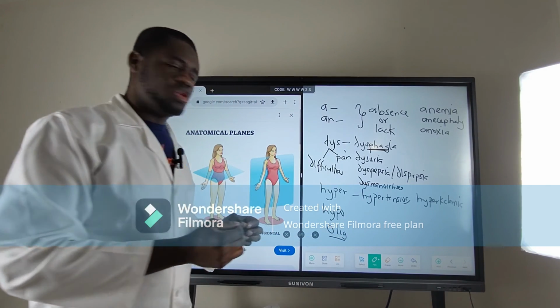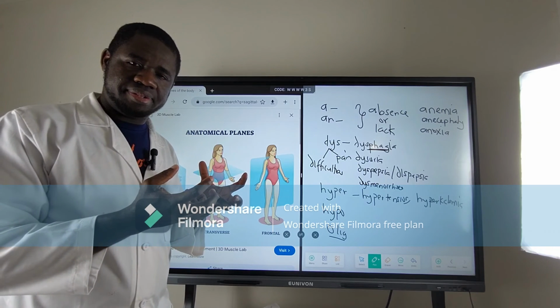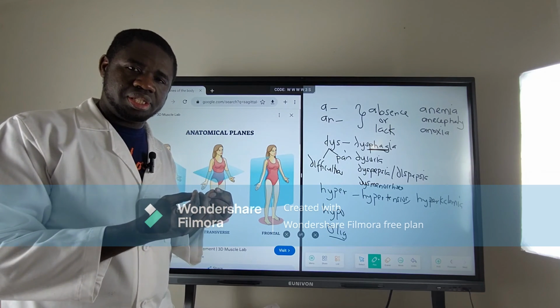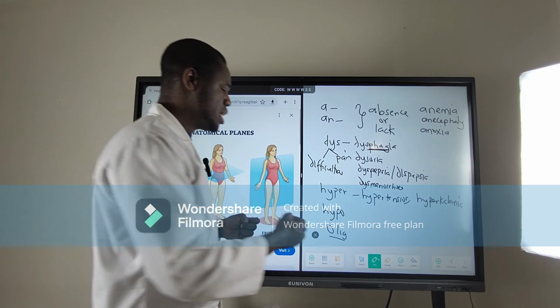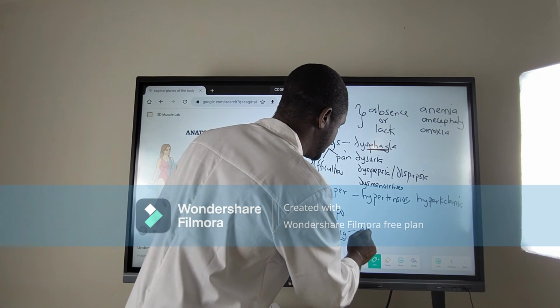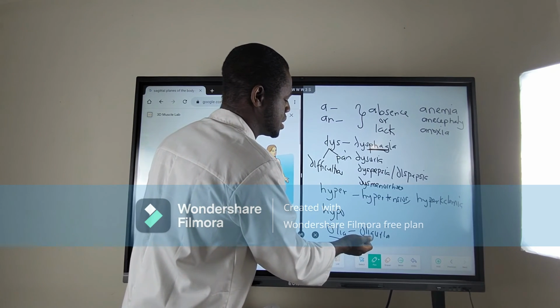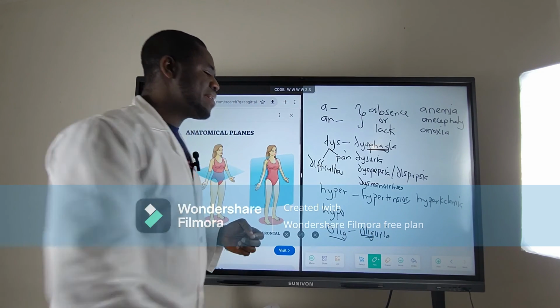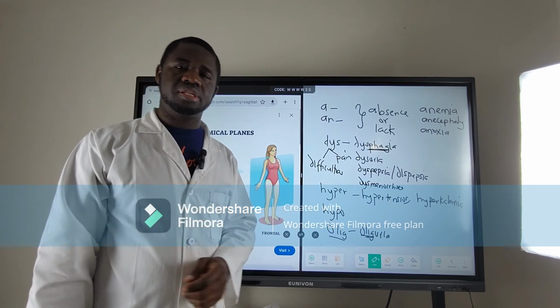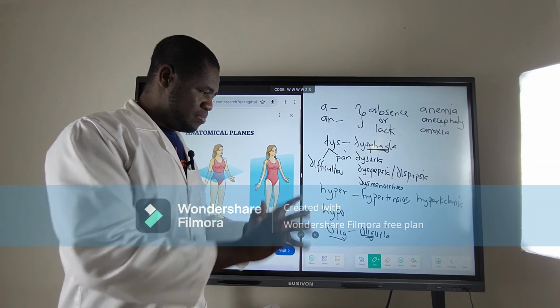Olig means reduction in something. So if I say oliguria, it means reduction in the amount of urine. That is the common meaning.